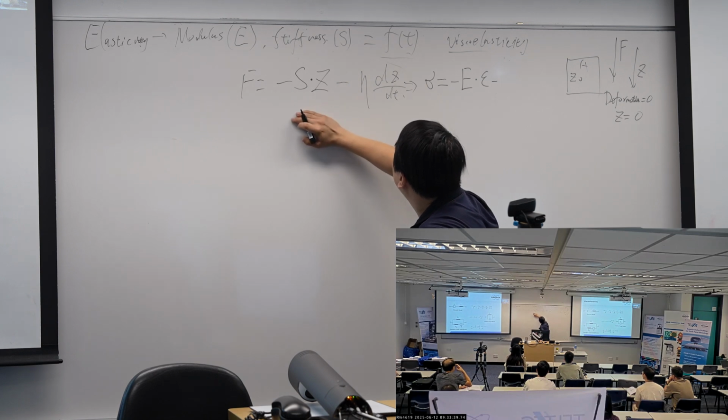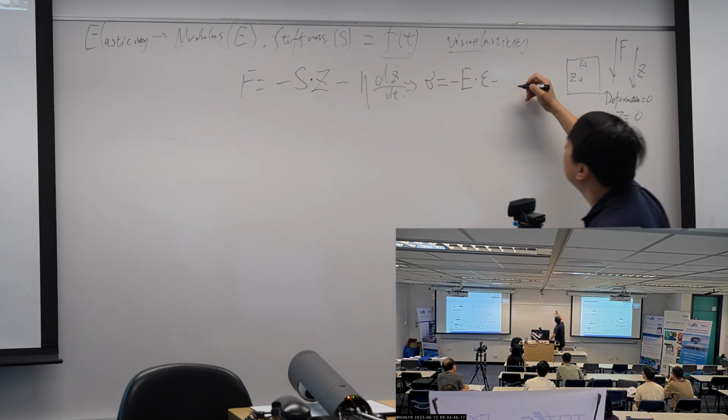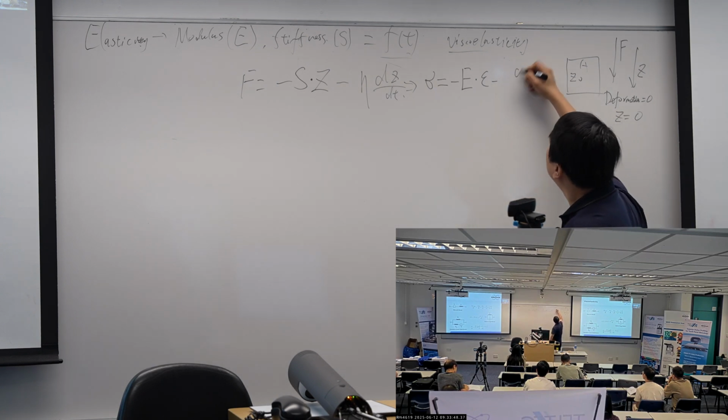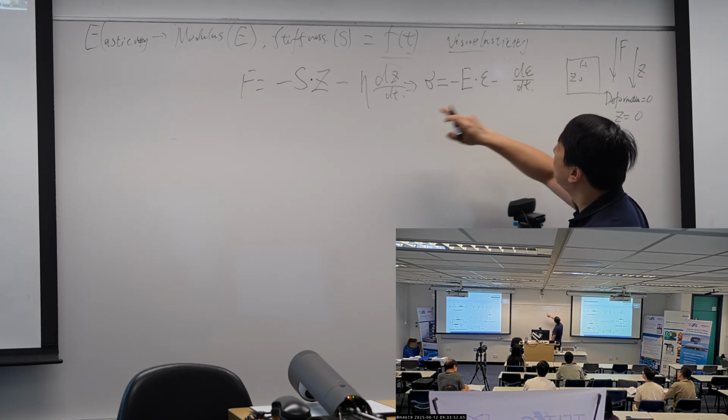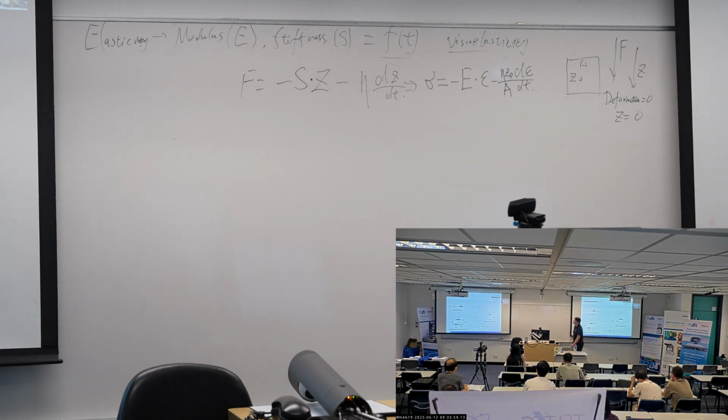We divided by A on both sides. Is the d epsilon over dt, and on the other side, yes, eta z0 divided by A. Yeah, something like that.